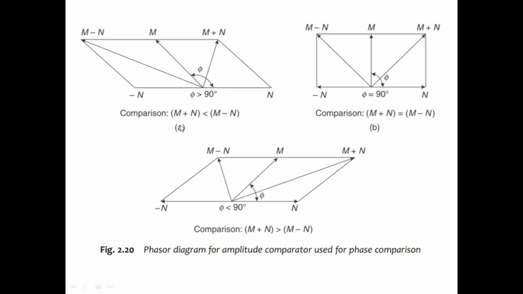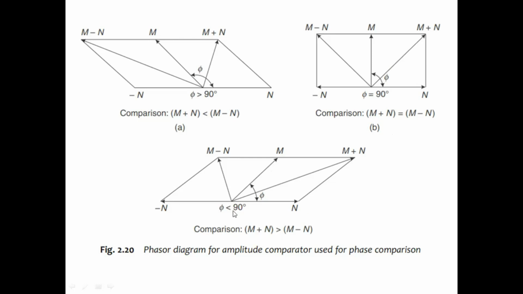The first diagram represents the comparison M plus N less than M minus N, because in the slide there are three conditions of phi: figure A, figure B, and figure C. In figure A, phi is greater than 90 degrees. In figure B, phi is equal to 90 degrees.